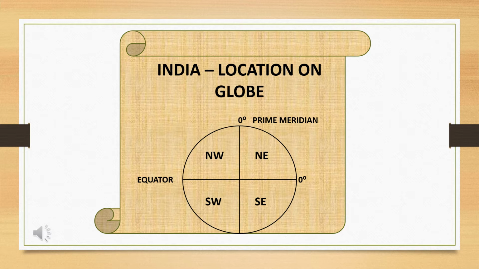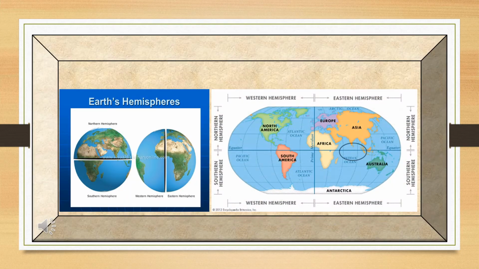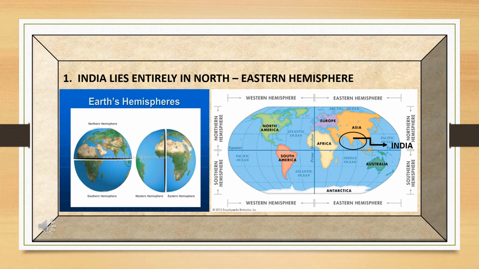Those four hemispheres are Northeastern Hemisphere, Northwestern Hemisphere, Southwestern Hemisphere and Southeastern Hemisphere. As you can see on the world map that India lies in Northern Hemisphere. Or to be precise, we can say that India lies entirely in the Northeastern Hemisphere.